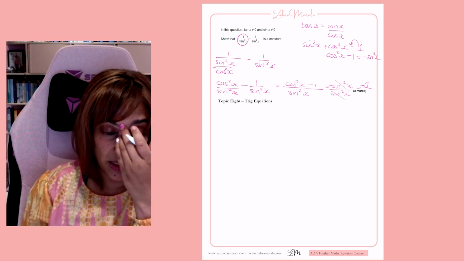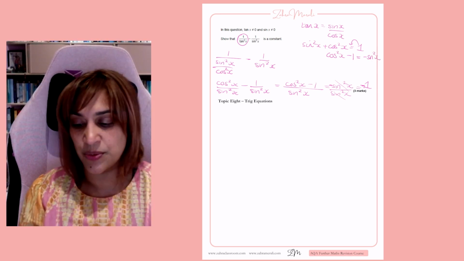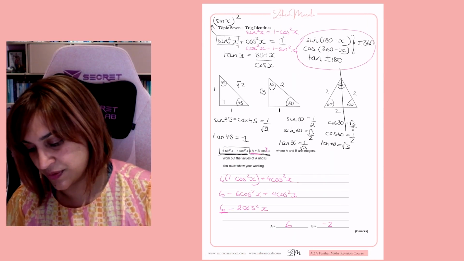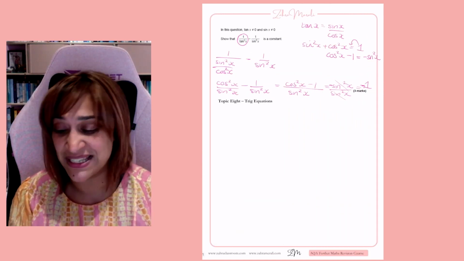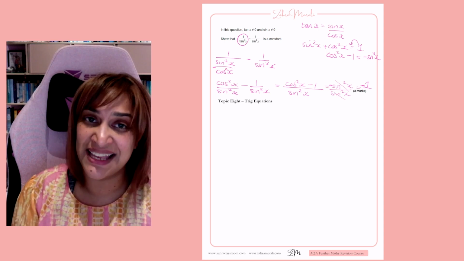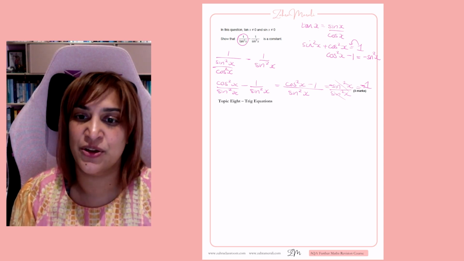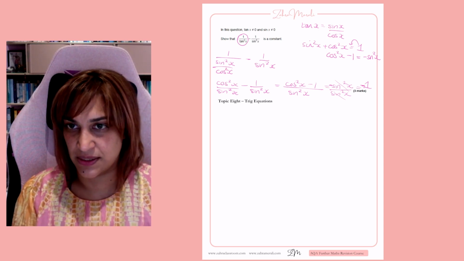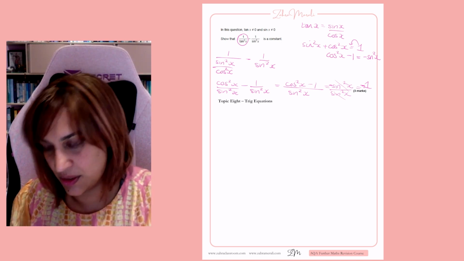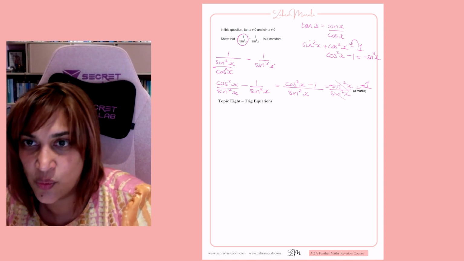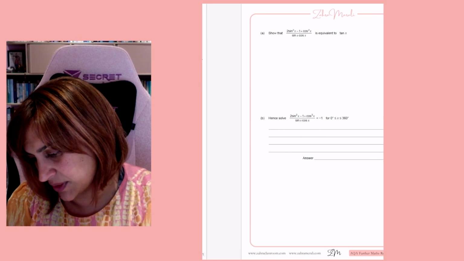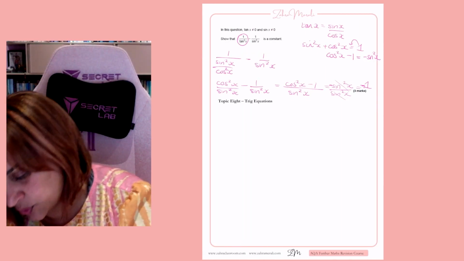Right, trig equations. So this is what we were talking about, where we've got these rules that we're going to use. I'm going to keep writing them. Hopefully, if you keep hearing them, they go into your head, and eventually they're going to become second nature. So we've got our trig equations where we're going to use our rules.